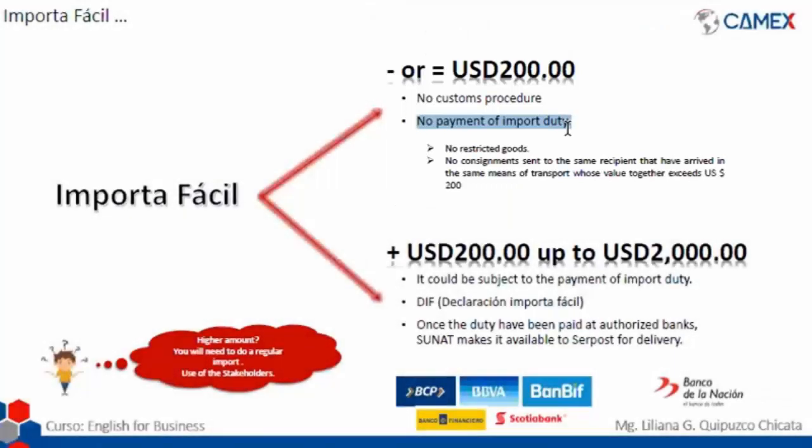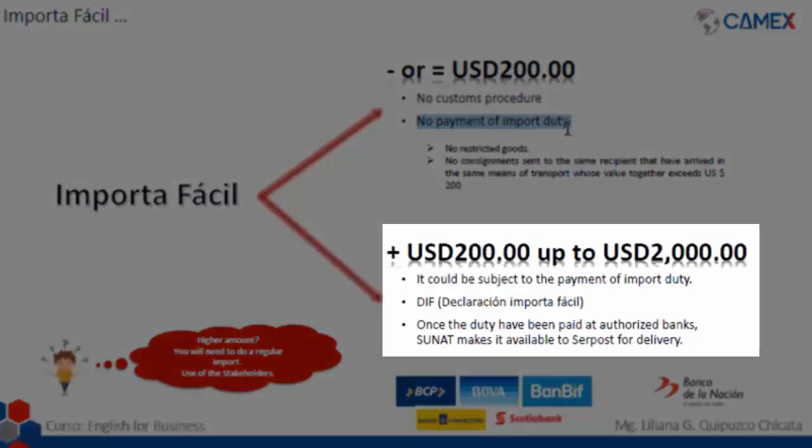Now, what happens if your product is over $200? In this case, if your product is over $200 up to $2,000, it could be subject to the payment of an import duty. You will have a DIF that is called Declaración Importa Fácil, that is the document of the import that is going to let you know how much you have to pay.